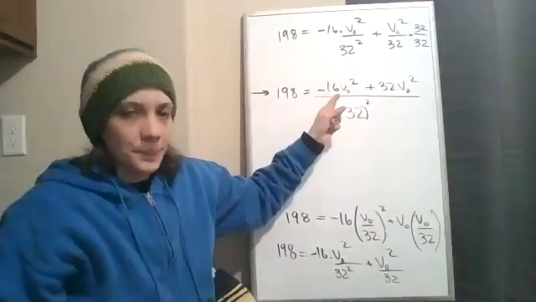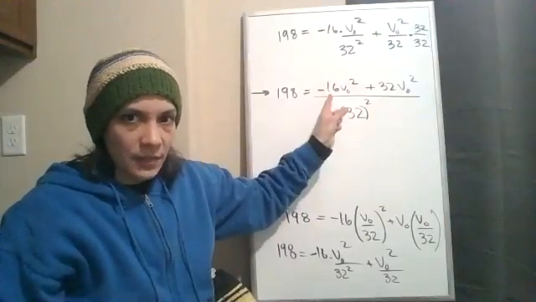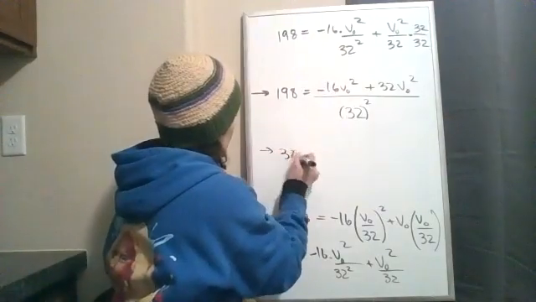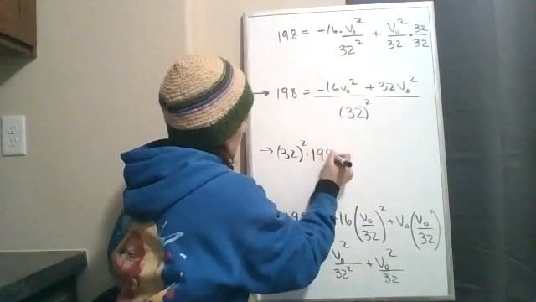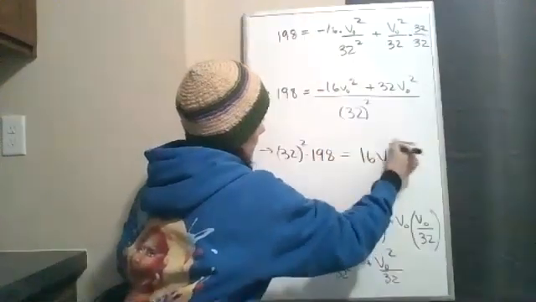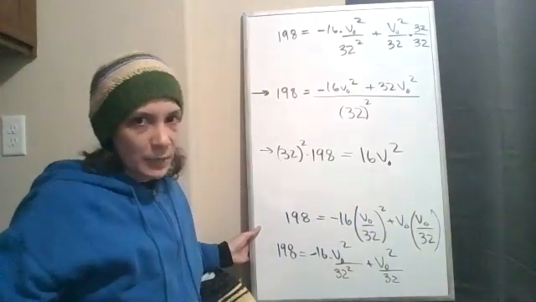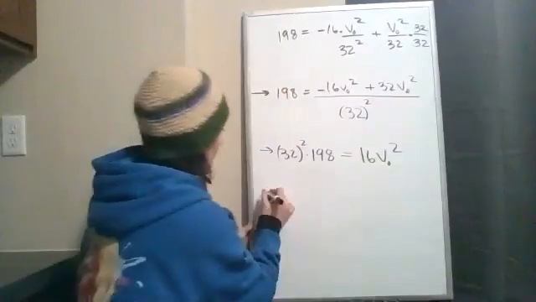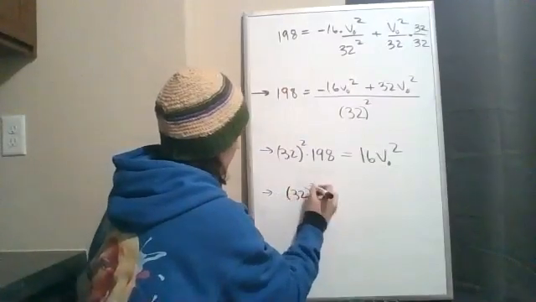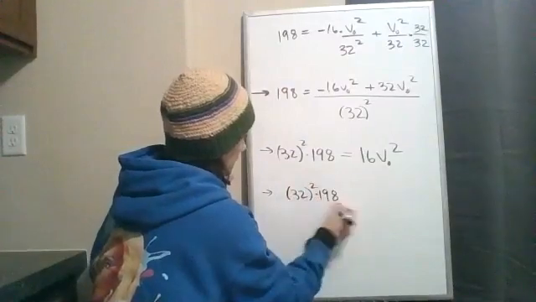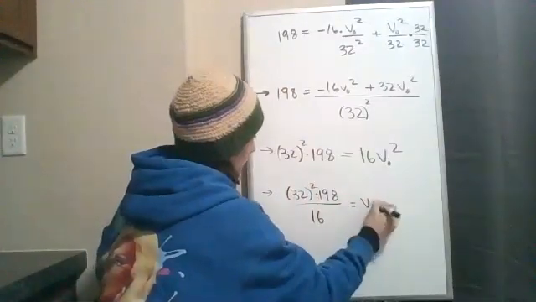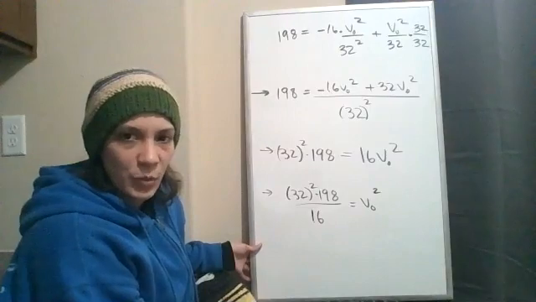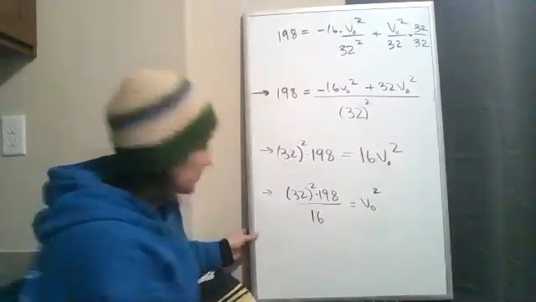This is going to be a numerator of 16 V naught squared, and then I'll multiply both sides by this 32 squared. Divide both sides by 16. And then square root both sides. There is a plus or minus sign, but we're going to have a positive velocity.